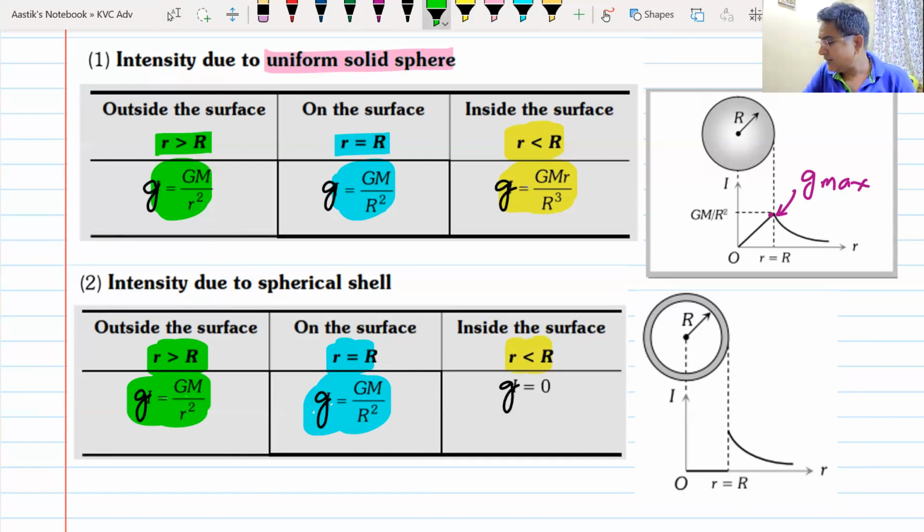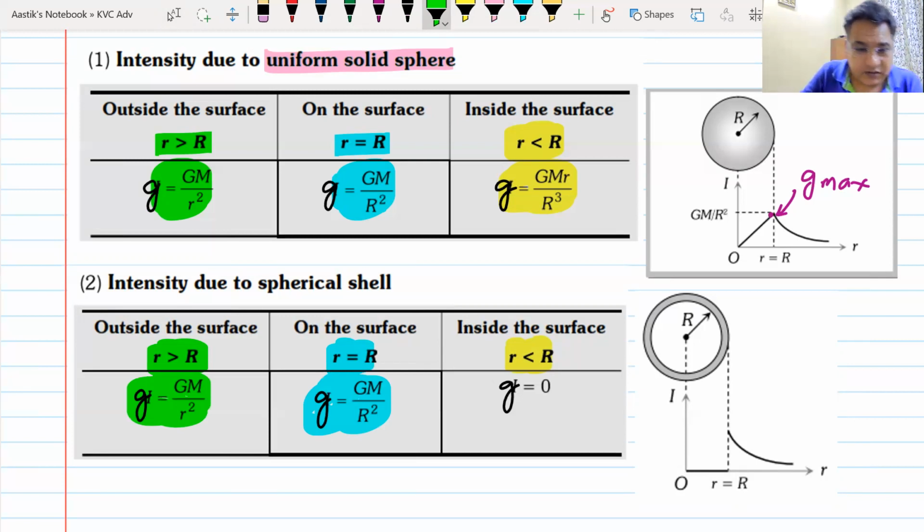In 99 or 100% of cases, you will be getting case number one, because a planet is always a solid sphere. It's not hollow from inside. So the most important formulae are the formulae for solid sphere.